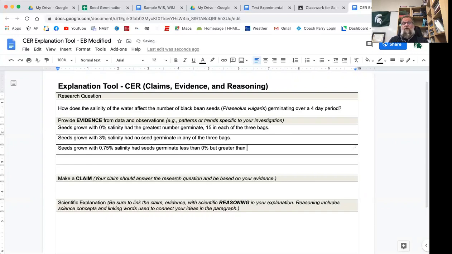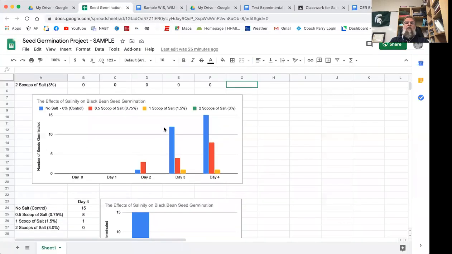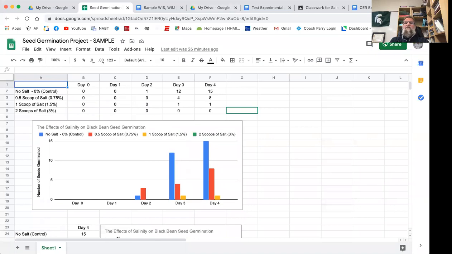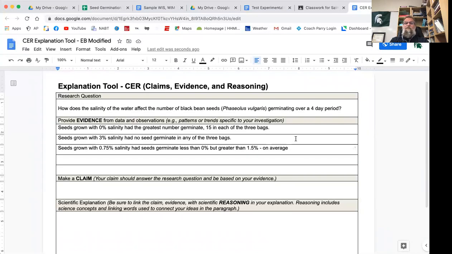Well, greater, not just greater than 3%, greater than 1.5%. On average, I have to go back and look, on average, that was 8 seeds per bag. So I'm pulling almost all my evidence from my data.